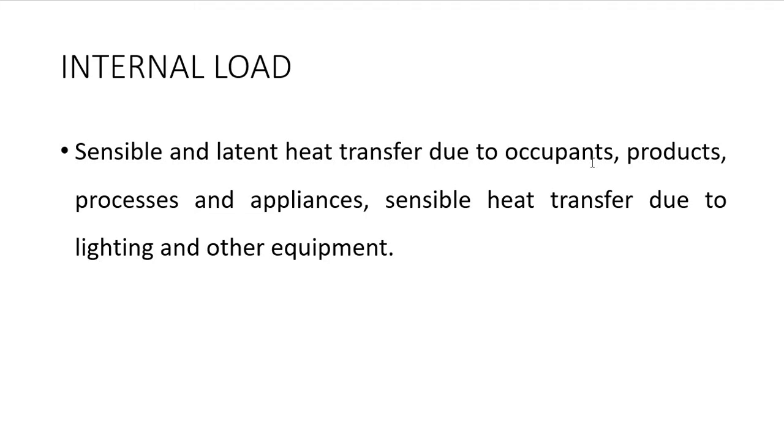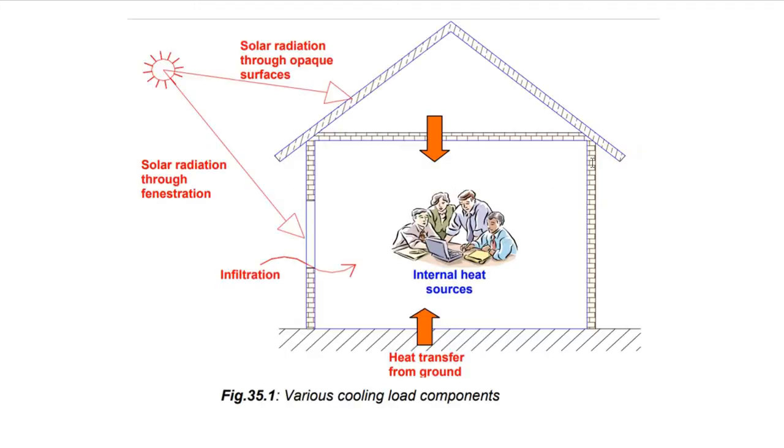And other types of lights also emit energy. If you are using some electric motor inside a room, that electric motor will emit heat. That also falls under internal load. So this internal load comes from occupants, products, processes and appliances.